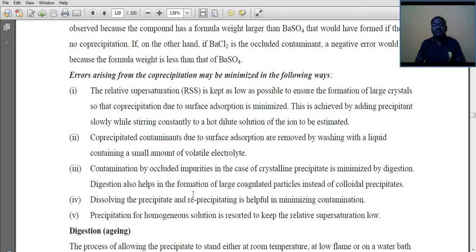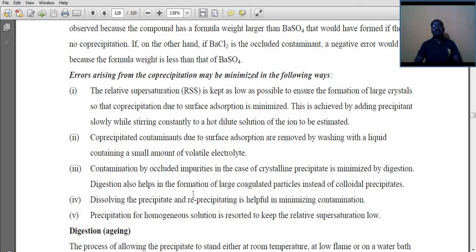The relative supersaturation is kept as low as possible to ensure the formation of large crystals. Co-precipitated contaminants due to surface adsorption are removed by washing with a liquid containing a small amount of volatile electrolyte. Contamination by occluded impurities in crystalline precipitates is minimized by digestion.